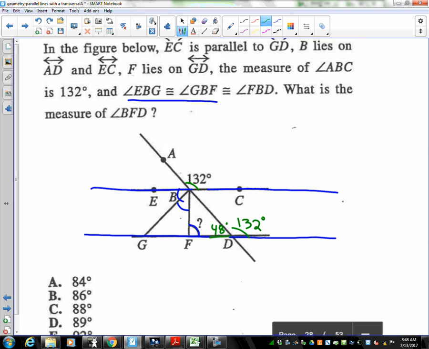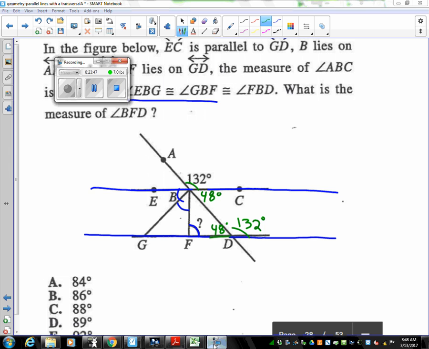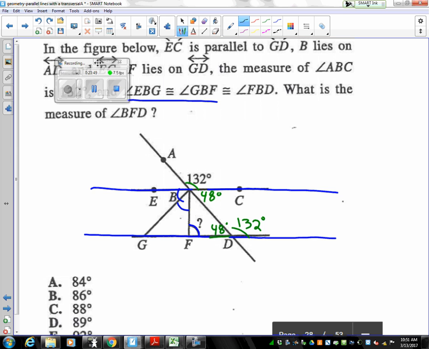Now I'm going to use some alternate interiors and find that this angle is also 48 degrees. Now I missed this earlier here. We actually have three angles that are the same in triangle FBD. Now let's continue to work off this angle right there.